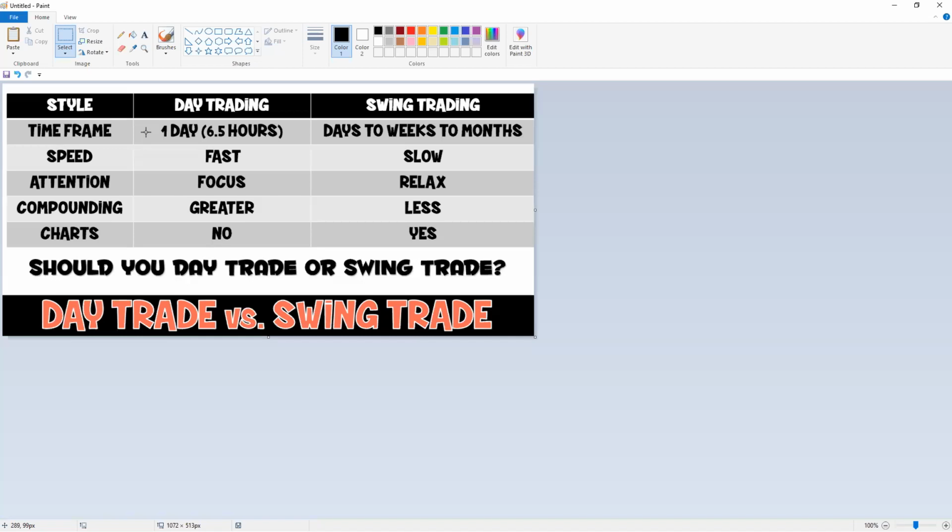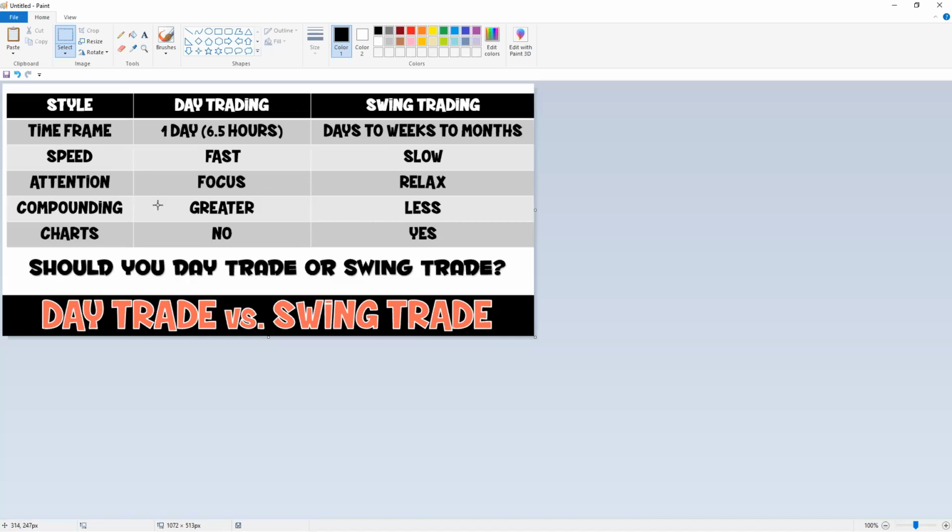The speed is fast. With swing trading, you're usually in from days to weeks to even months. Could be in for a year on a swing trade if it keeps on going. So it's a different time frame, and it's slow. It's not fast. There's no rushing involved. The attention frame for day trading, you really need to focus, and in swing trading, you can relax.